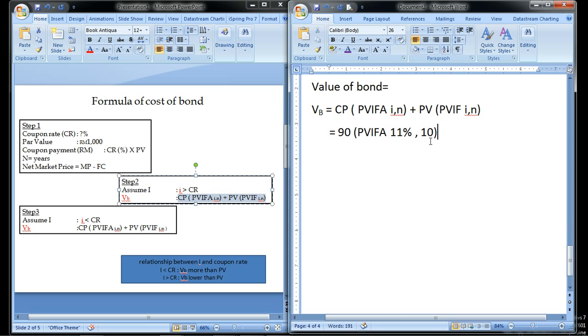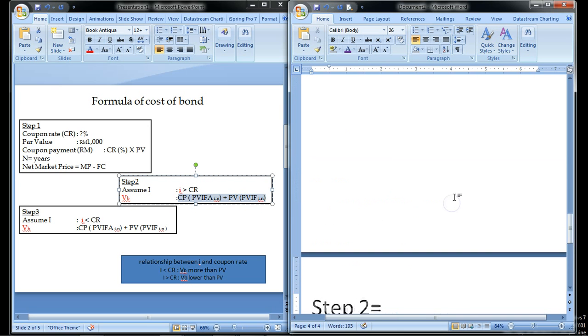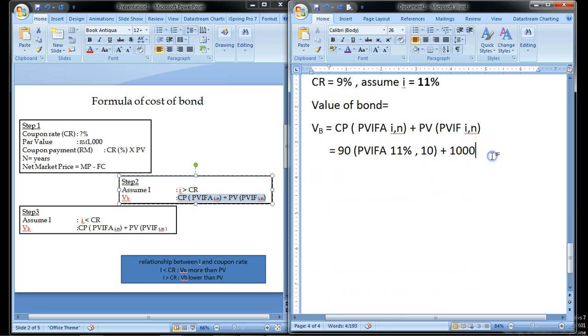Plus, the par value for the bond is 1000. If you forget, you can base it on the information, you see par value 1000. Perfect. So PVIF, class. Remember, most of my students always make careless mistakes.